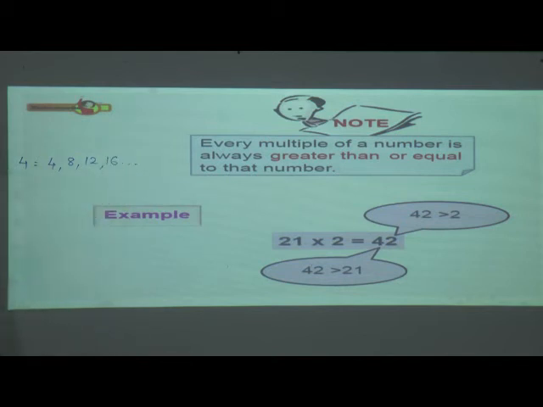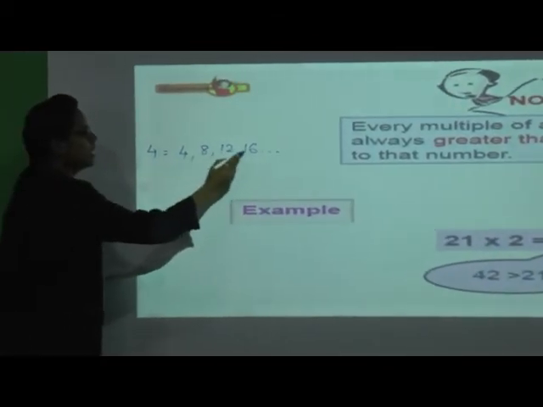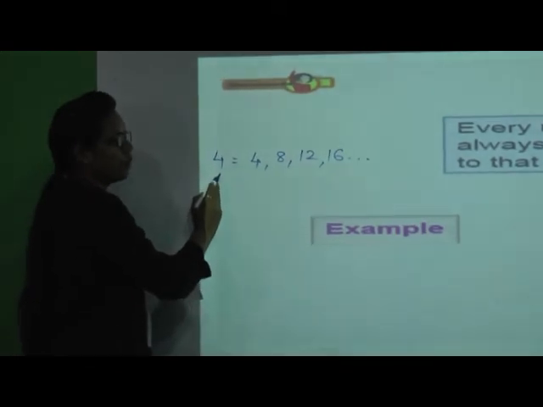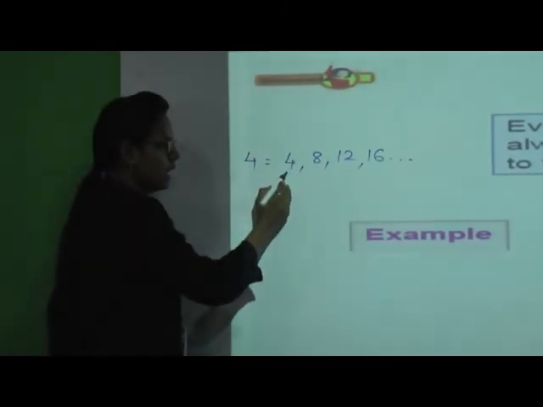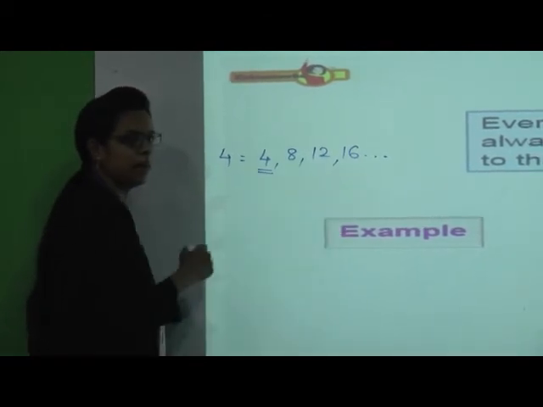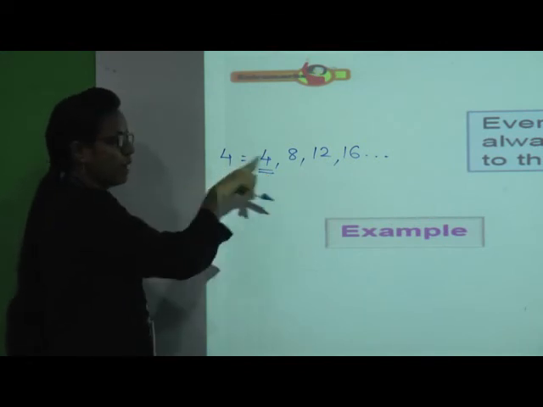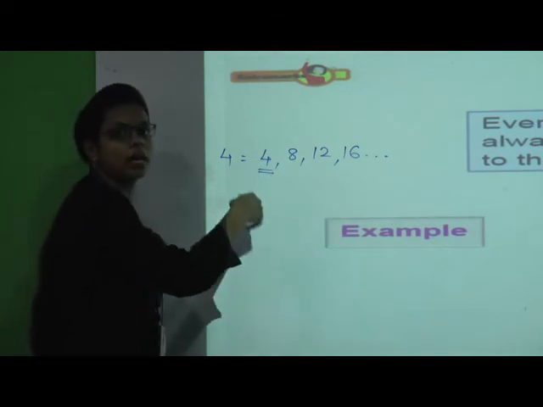Okay. So every multiple will be equal to or greater than the number. The first multiple will be equal to the number, but the other multiples are greater.